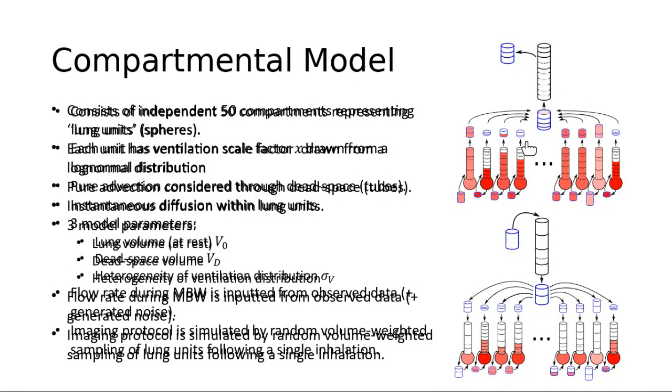pure advection in these airways, which don't form the complex branching tree structure you see before. You just have 50 separate airways that all join into one at one point, and the ventilatory region is just assumed instantaneous diffusion. So these are like elastic bags propelling gas up through the airways on exhalation, or into the alveoli on inhalation.